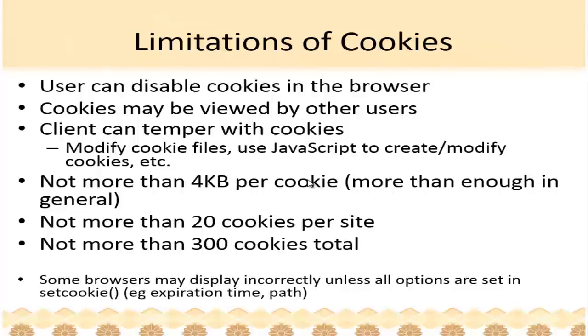What are some of the problems that you can face when you use the cookie? First of all, the client can disable the cookie. So a client browser can say that I'm not going to accept the cookie. Now there are many reasons why people go for disabling the cookie, because the cookie can be used to track the customer.